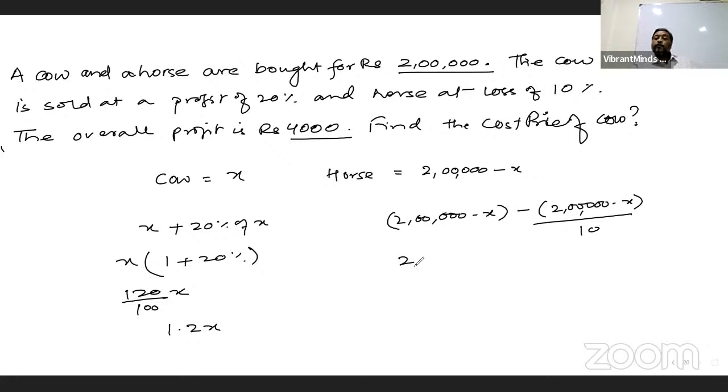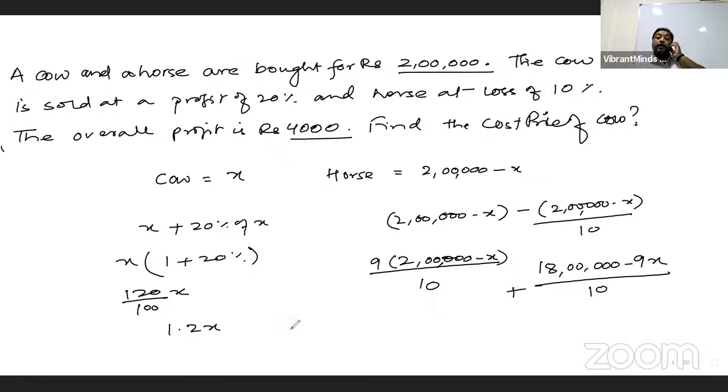It will be 2 lakh minus X into 9 by 10, because 10 minus 1 by 10. So it becomes 18 lakh minus 9x by 10.